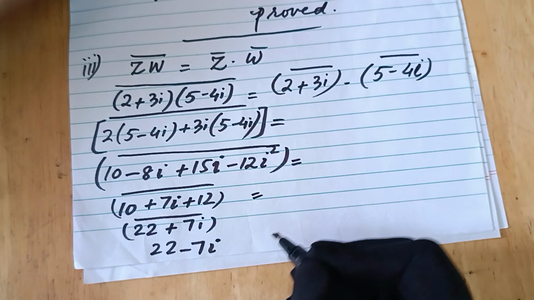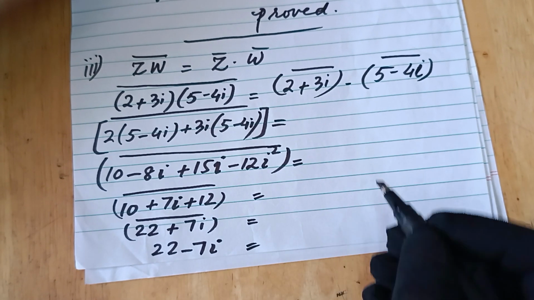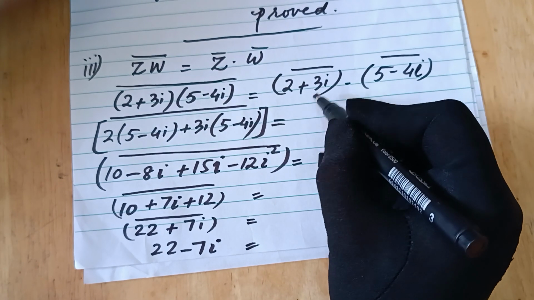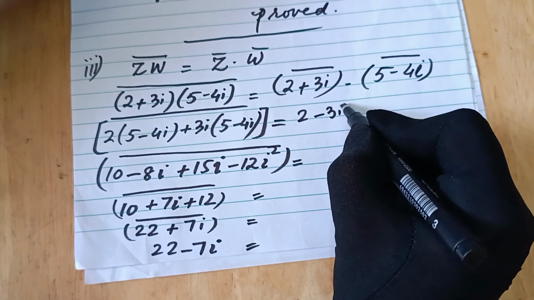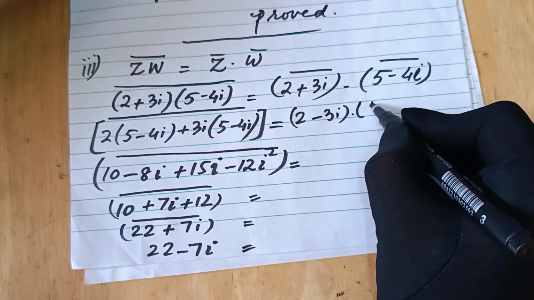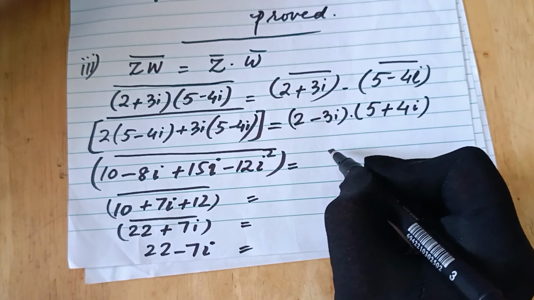Okay, the other side we will solve now. 2 plus 3i conjugate: applying the conjugate, it becomes 2 minus 3i. 5 minus 4i conjugate becomes 5 plus 4i.